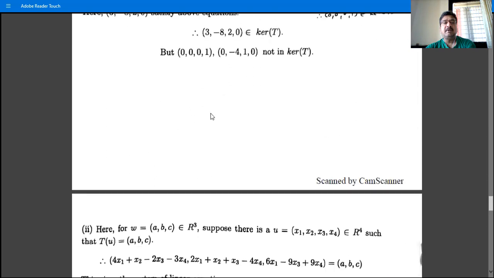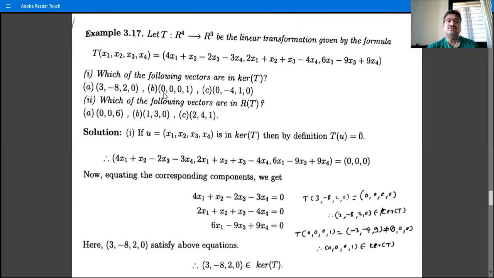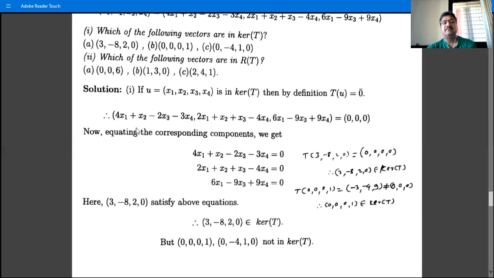The second problem is to find which of the vectors belong to the range of T. An element belongs to the range of T if it has some pre-image.